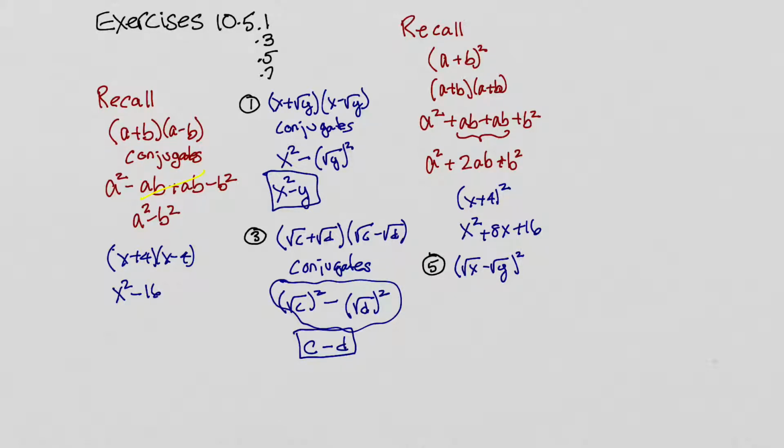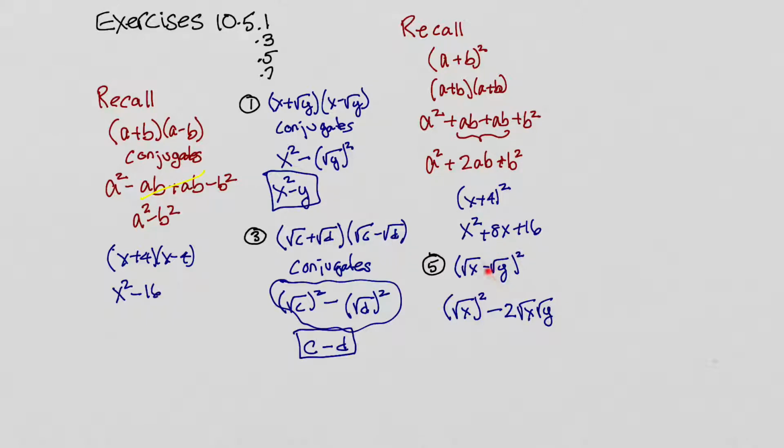So let's apply this rule to this binomial that we're going to square. We're going to square the first. I'll write this one out so we can see everything, but you might be able to do this part in your head. Here's what you're thinking anyway. You'll square the first, then you multiply these two together. Now positive times negative is going to be negative square root of x times square root of y, but you double it, so you get 2 square root of x square root of y, and then you square the last.